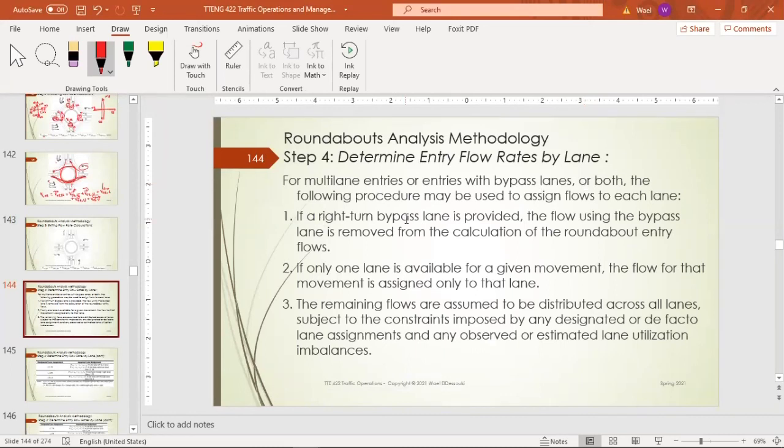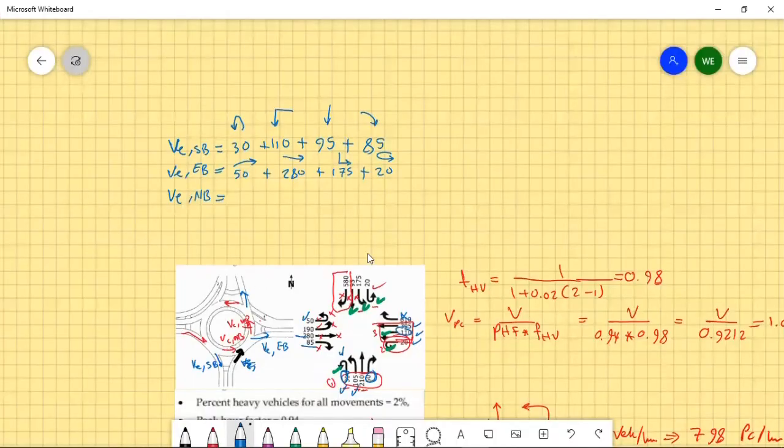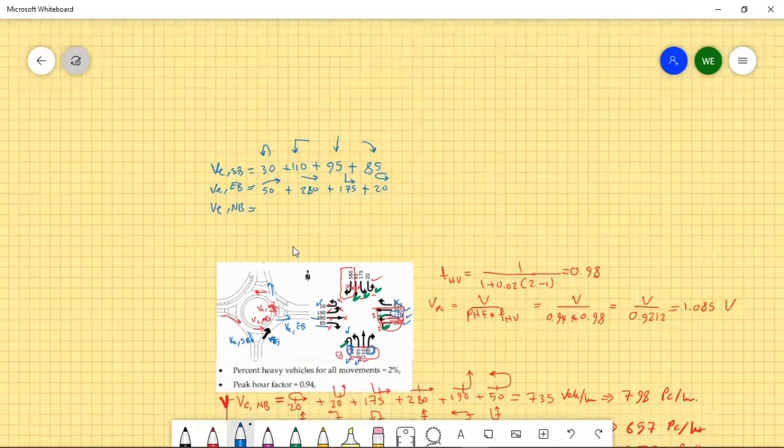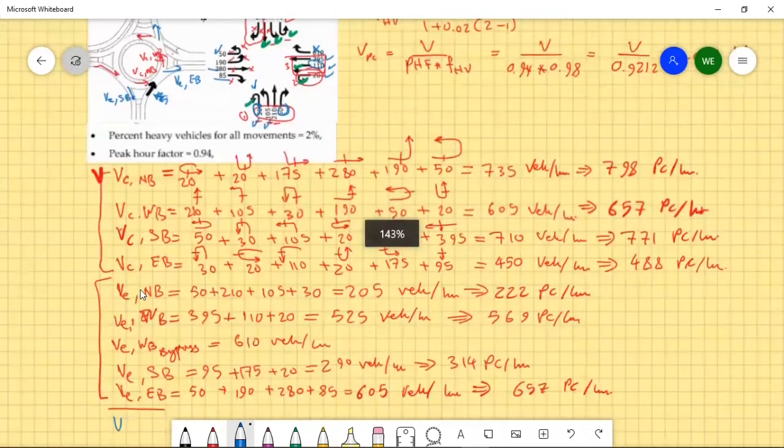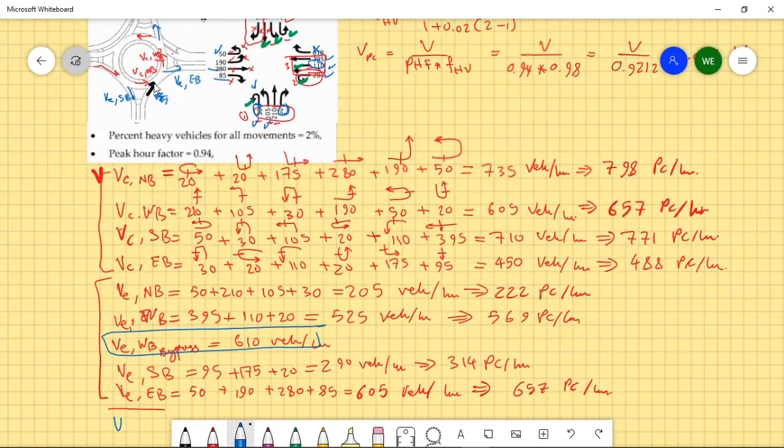If a right turn bypass lane is provided, the flow using the bypass lane is removed from the calculation of the roundabout entry flows, as we did in these two cases, for the eastbound and westbound. You remember here, for the entry volume, we took this just for the bypass. For the southbound, we eliminated the 580 from the calculation.